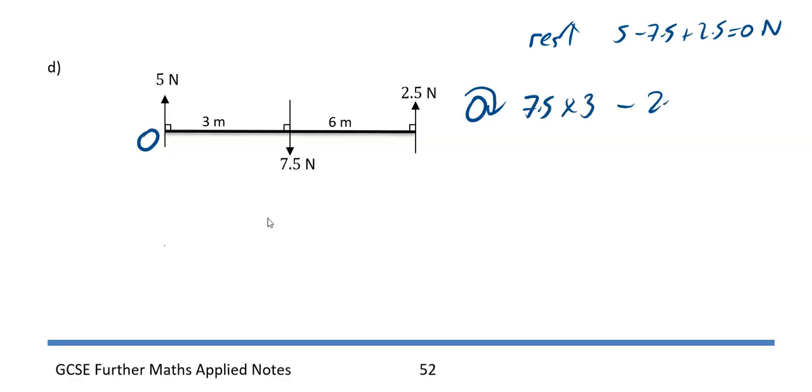Then anti-clockwise, I'll have 2.5, its perpendicular distance is 9. So if you do that, you'll get 0 newton meters. And so we're just going to say, therefore, in this case, we've resolved vertically and there's no resultant force, and we've taken moments, and your body is in equilibrium.